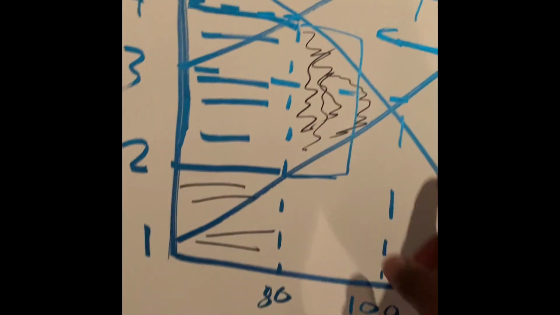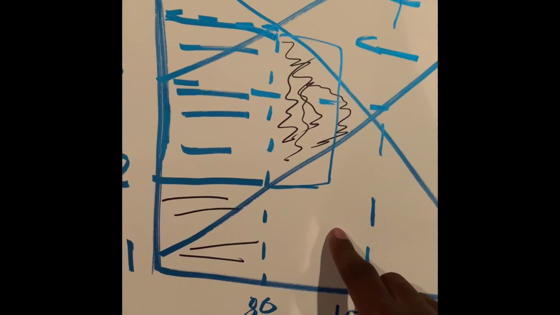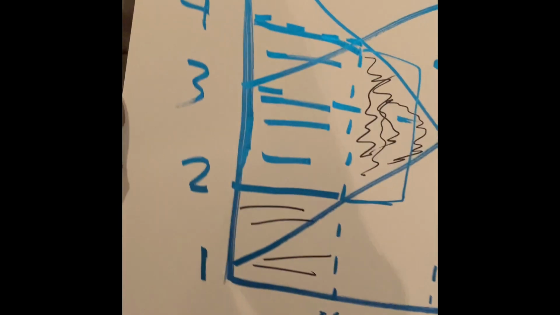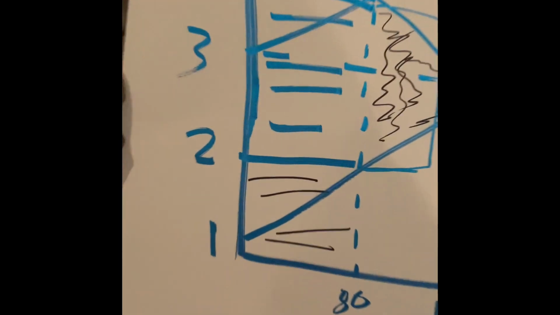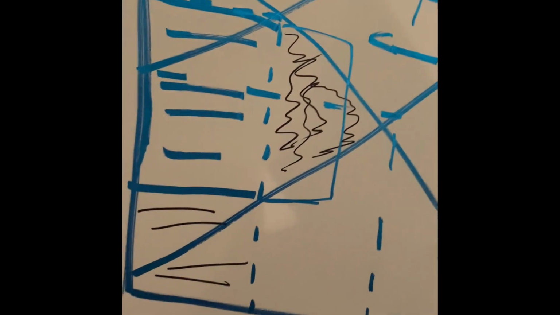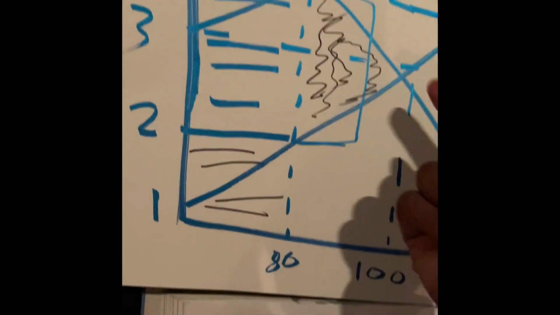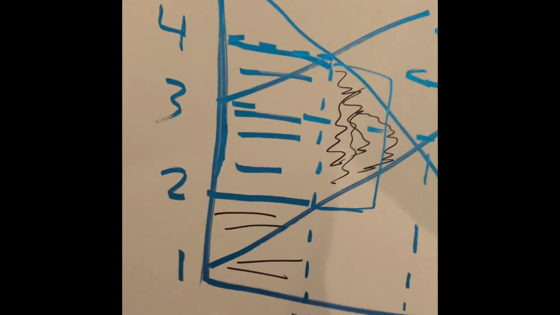But since in this example it's a tax on producers, the supply is going to be shifting. Because as they're being taxed, they have less money to put into their companies. It's less appealing, so the supply is going to shift to the left.